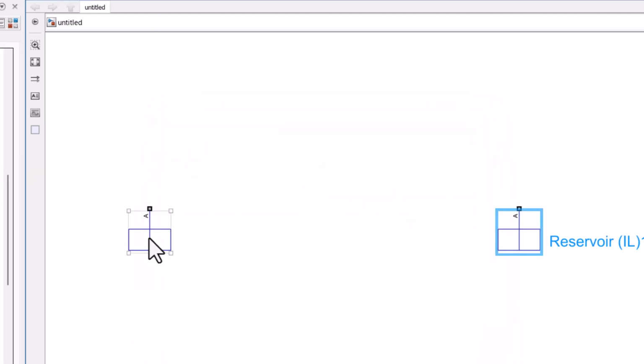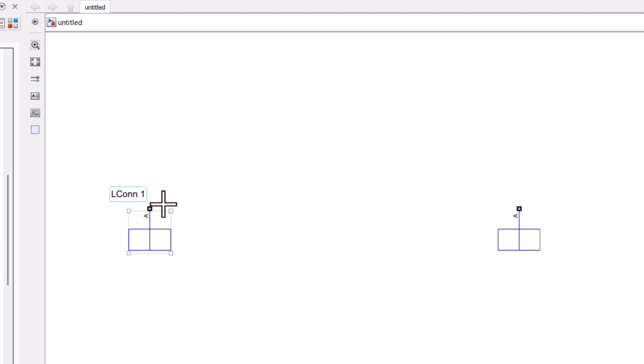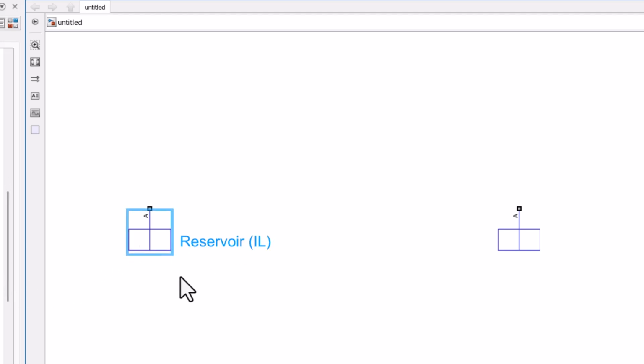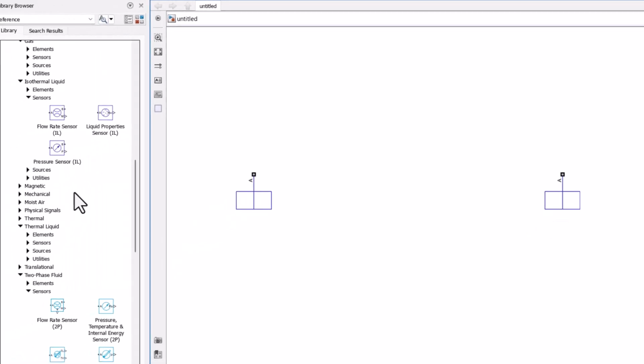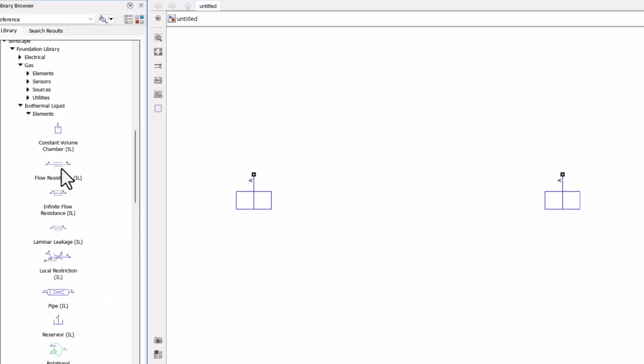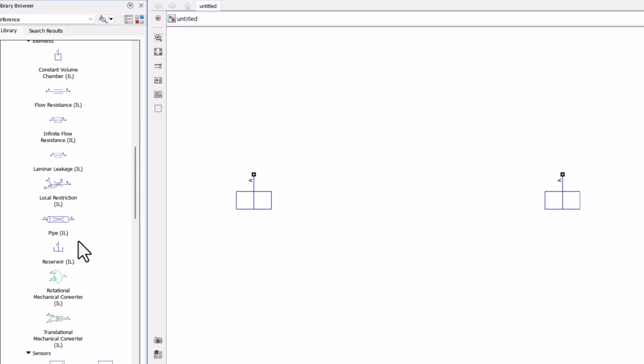So this differential pressure is going to make the fluid transmit from the high pressure source into the low pressure source. And I cannot connect them directly to each other. I need to have a flow resistance to make for this pressure differential. So under the elements tab, let's say I add a pipe.